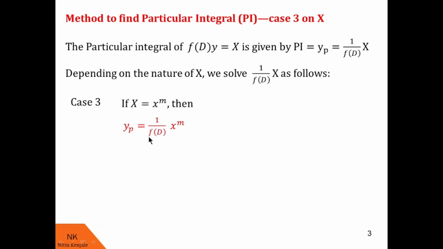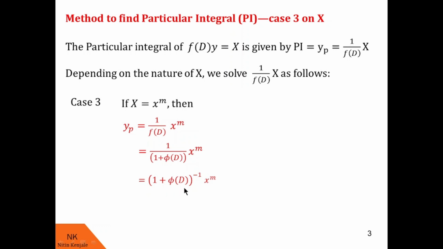First we write this f of D as 1 plus phi of D or 1 minus phi of D by taking out the least degree element from this bracket. After writing this f of D as 1 plus phi of D or 1 minus phi of D, we take this term in the numerator. So we have (1 plus phi of D) inverse of x raised to m.